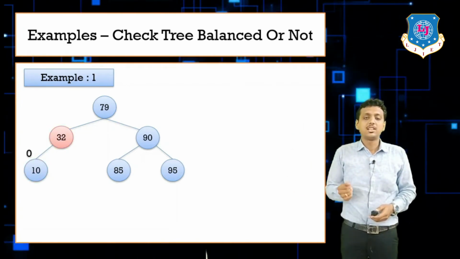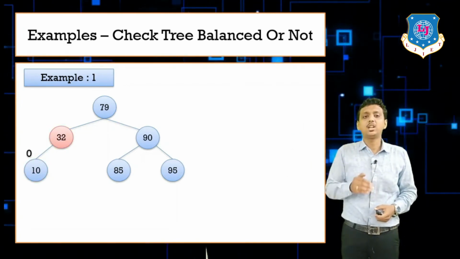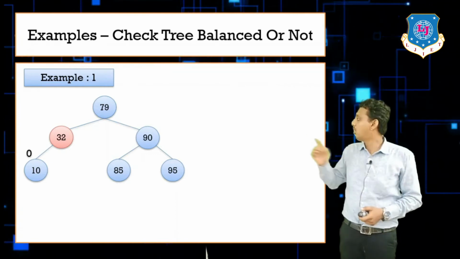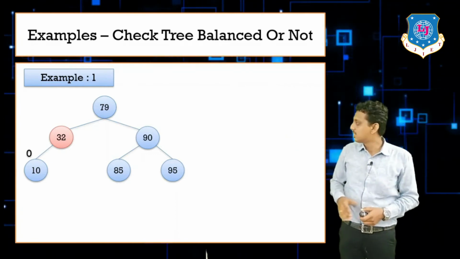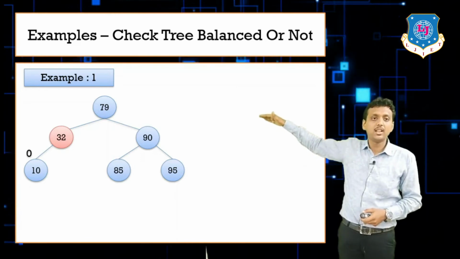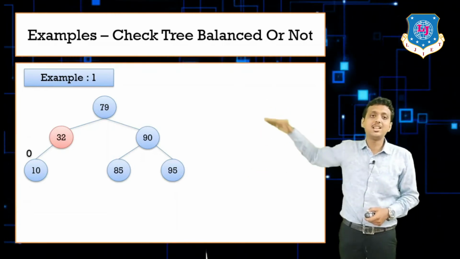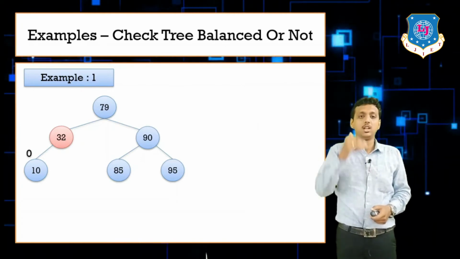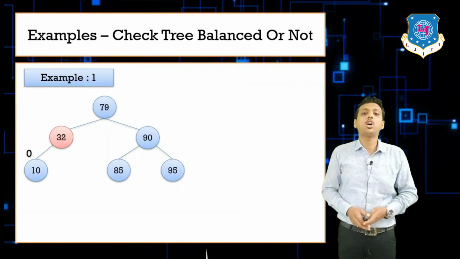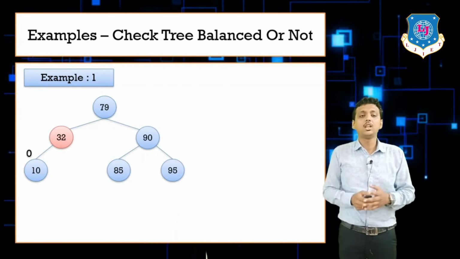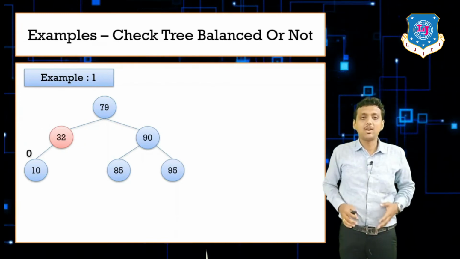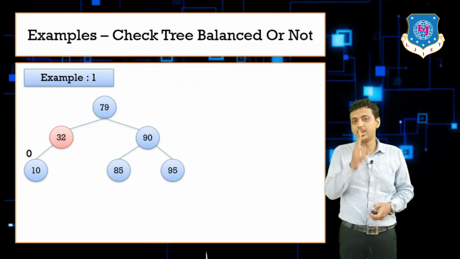Students, tell me, what is the height of the LST for node 32? Just calculate the height one step below. Here the child of 32 is 10, so it's only one level of hierarchy in the left subtree of node 32. That's why the left subtree height is 1.